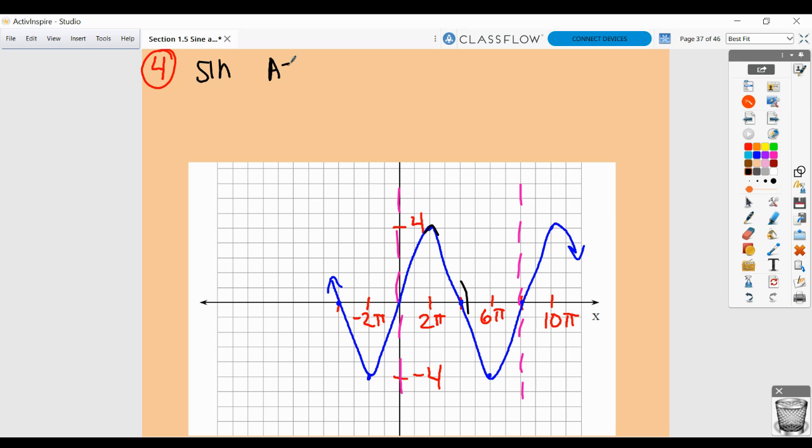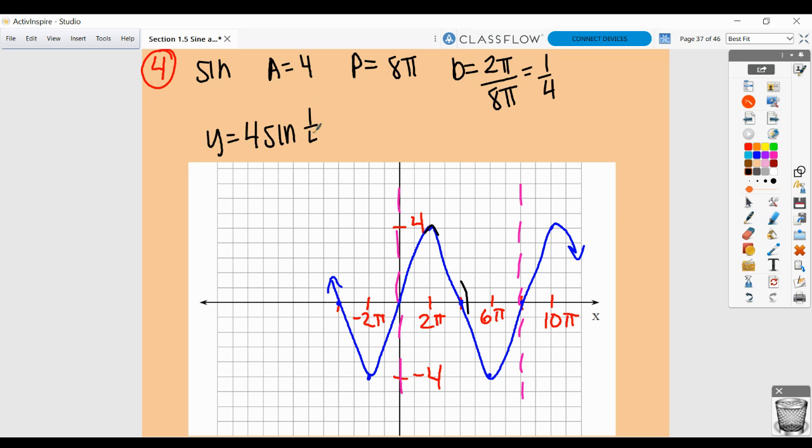The amplitude, up 4, down 4. Okay, the period, it looks like they numbered by 2 pi. So the period would be 8 pi again. So to figure out your b, you do 2 pi divided by 8 pi, you get 1/4. So it should be 4 sine 1/4 x.